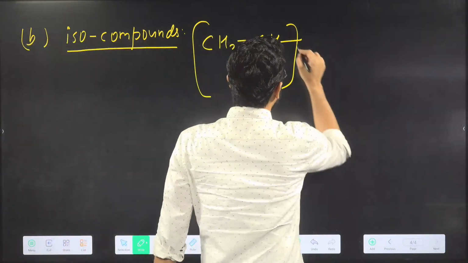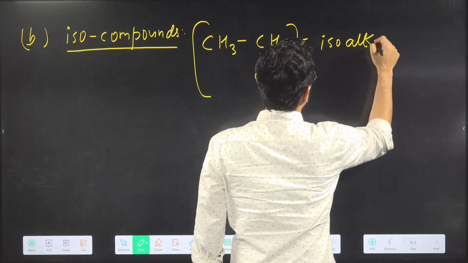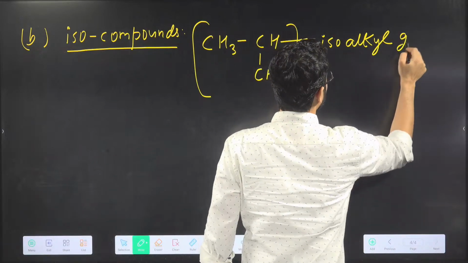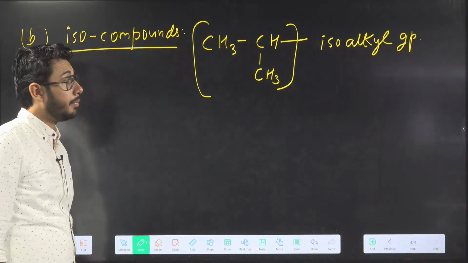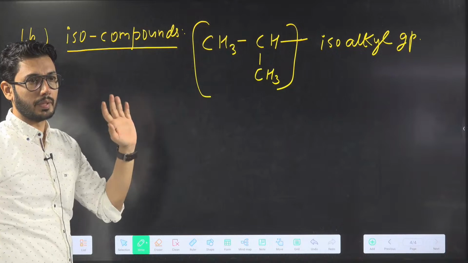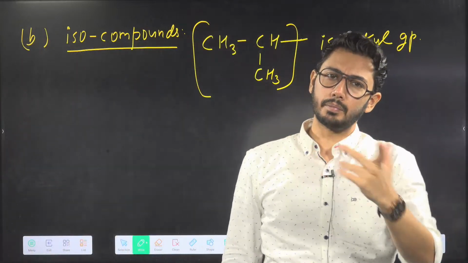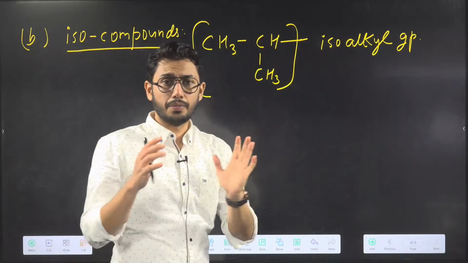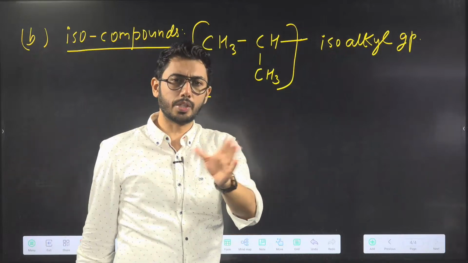This type of arrangement is isoalkyl group. Isoalkyl means in the straight chain on the second carbon you will get one methyl. In the straight chain on the second carbon any side it is methyl connected. It is iso. Their significance is 3 to 5 only, maximum 3 to 4, 5 only.